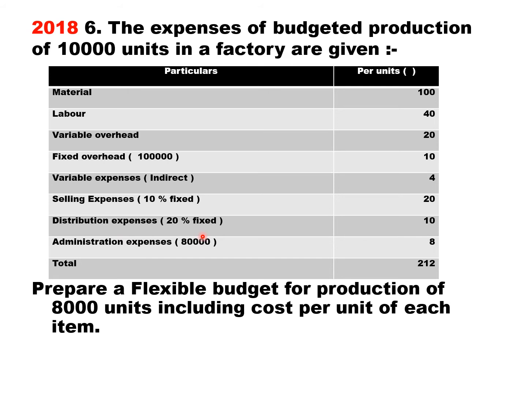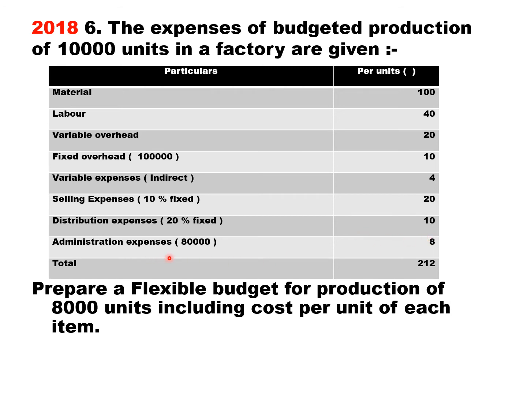Distribution expenses 20% is fixed. So if 20% is fixed, then 80% is variable. So 10 rupee into 20%, you get 2 rupee. 2 rupee into 10,000, you get 20,000 total fixed cost. Then remaining 8 rupee will be variable, that is 10 rupee into 80%.